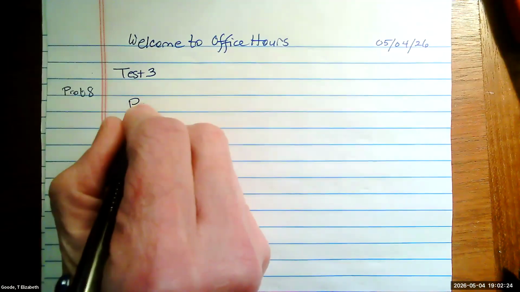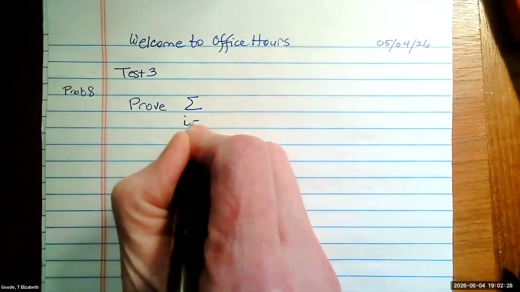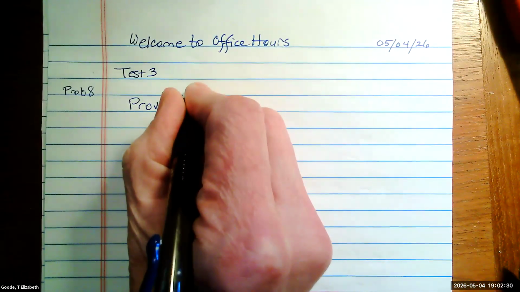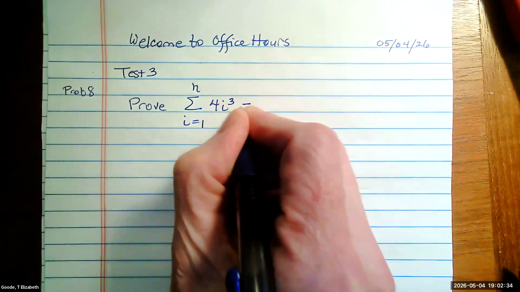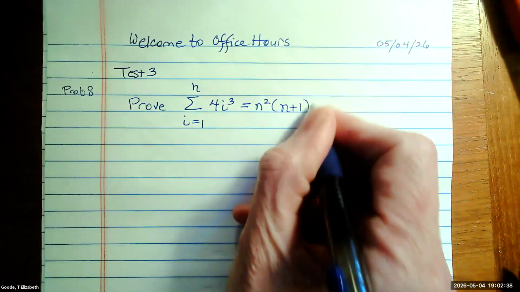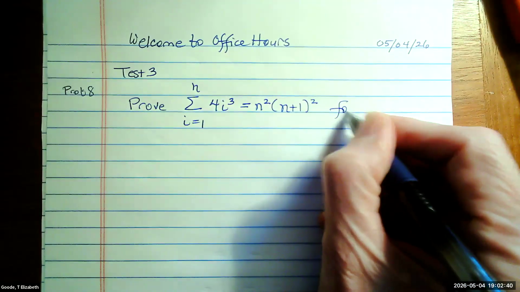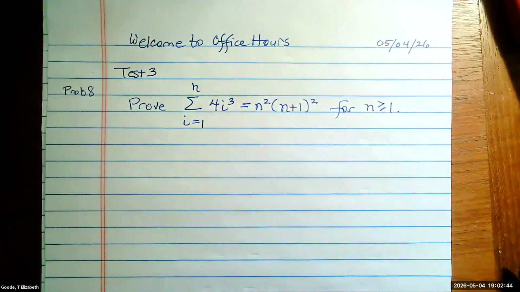So we're going to prove that the sum from i equals 1 to n of 4i cubed is equal to n squared times (n plus 1) squared for n greater than or equal to 1.